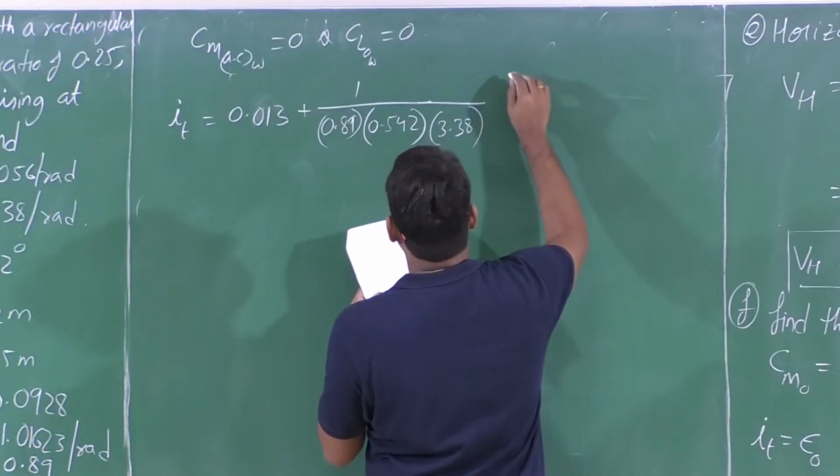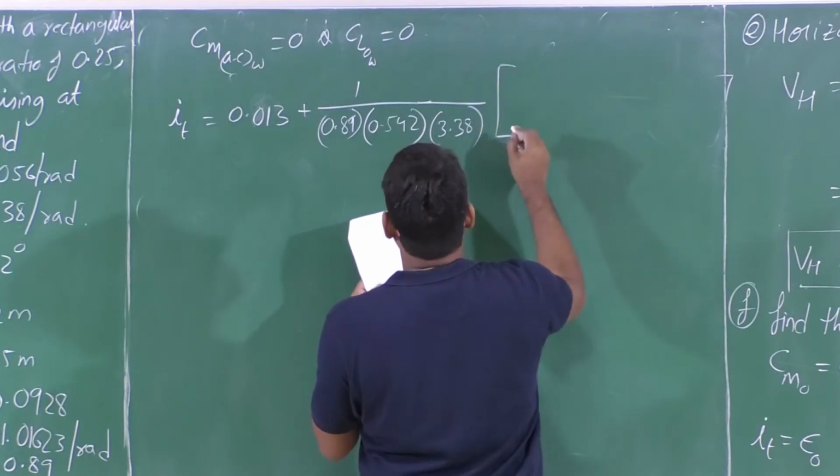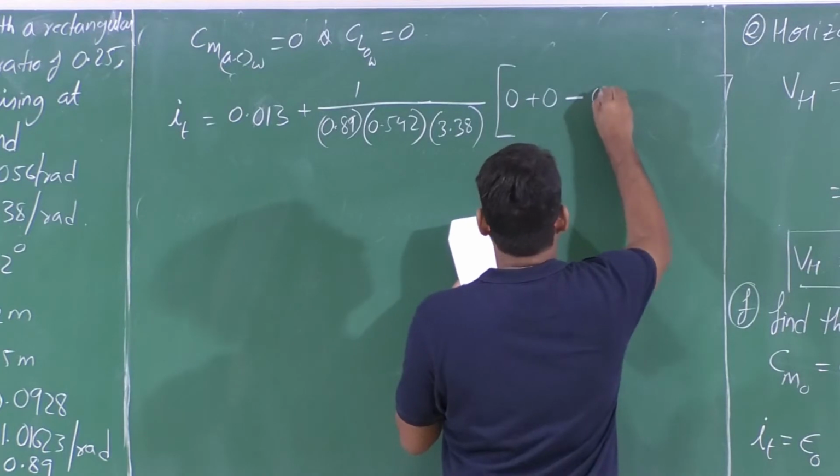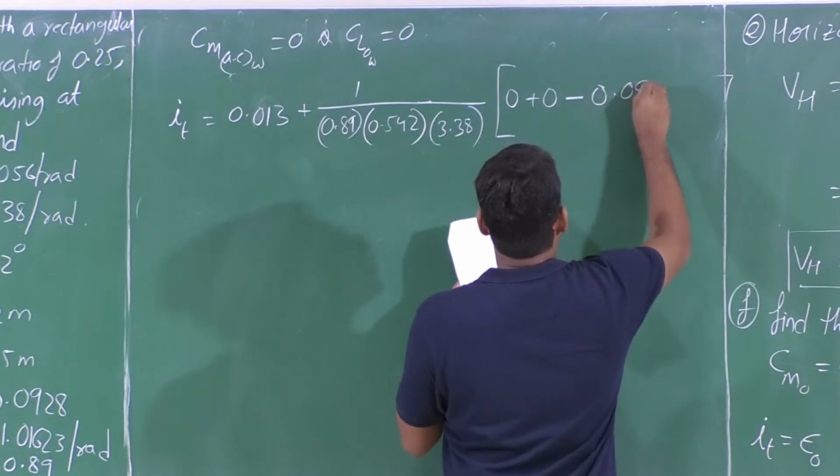So this is equal to 0 plus 0 minus 0.0928. Okay.